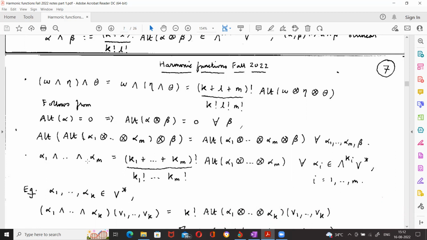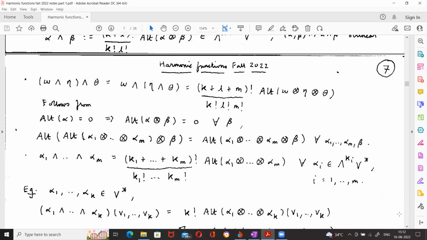Alpha 1 wedge up to alpha m, this wedge product of m forms, is going to be k1 plus dot dot dot plus km, the whole thing factorial, divided by k1 factorial up to km factorial into alt of alpha 1 tensor up to alpha m, where each alpha i is a ki form. That means it's an alternating form of degree ki. Is this clear? I'm not proving these, I'm just stating this formula.